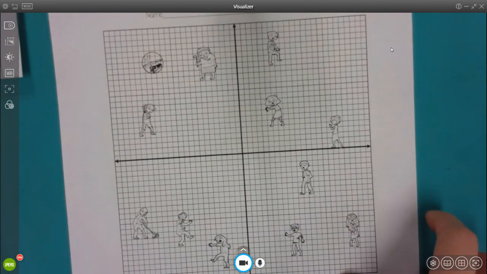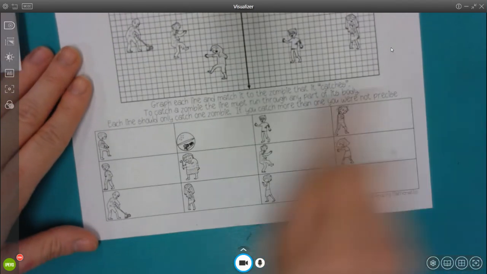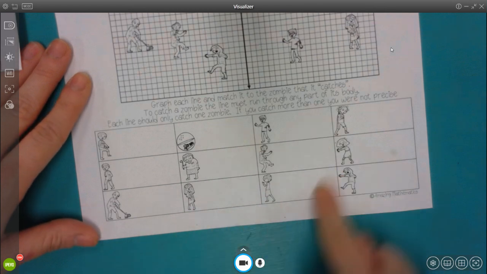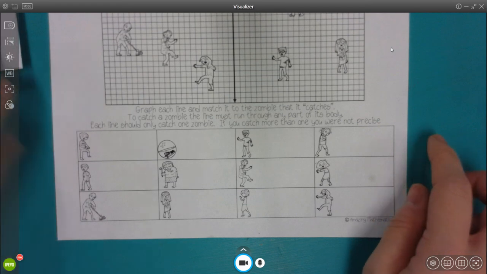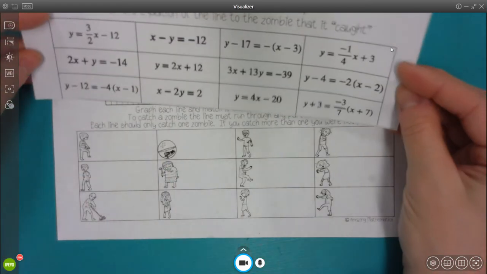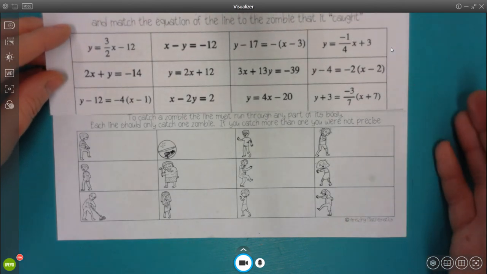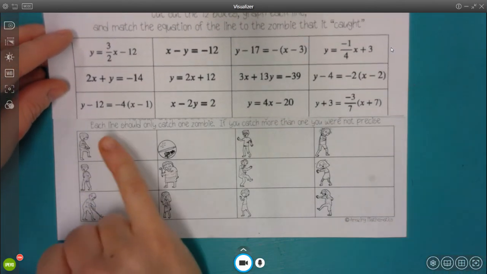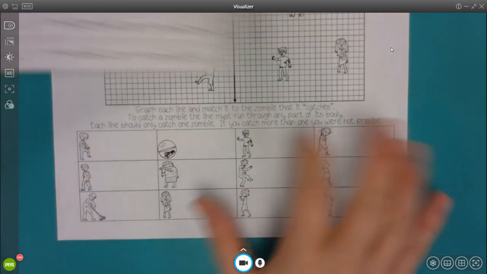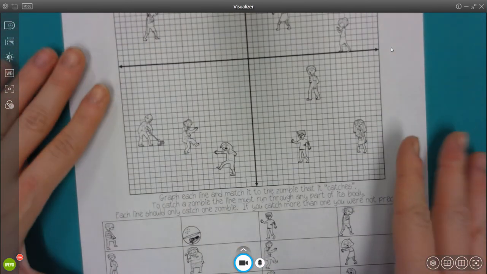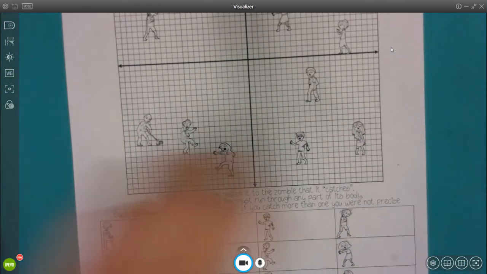You will only hit one zombie at a time with each line. So down here at the bottom, you're going to tell me which equation hit that zombie. Now, if you have scissors and glue at home, you can cut these out and paste them into each box. If you don't have scissors and glue at home, that's totally fine. Just write the equation into these boxes, and then you'll take a picture of this paper, and this is what you're going to submit to me on Canvas. If you have any questions, send me a message and let me know.